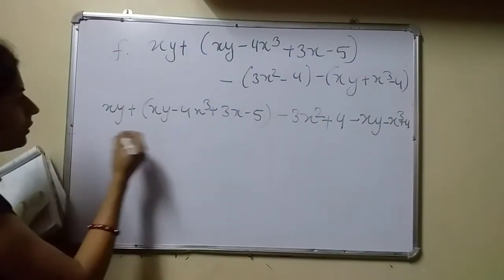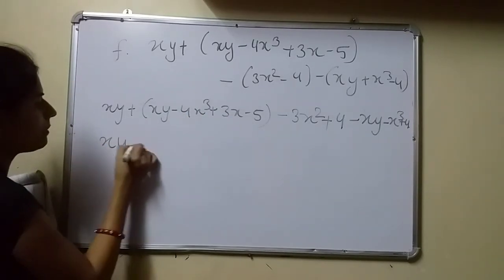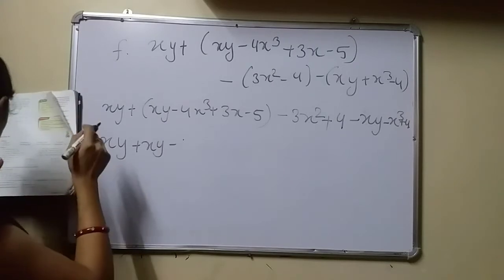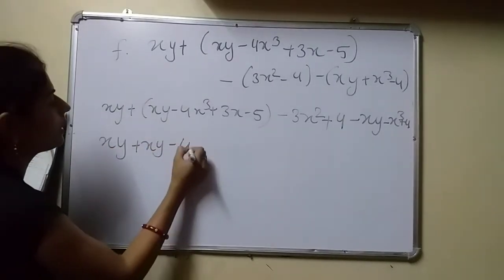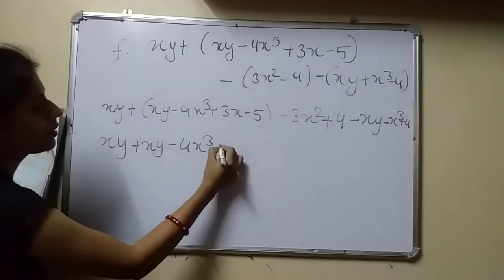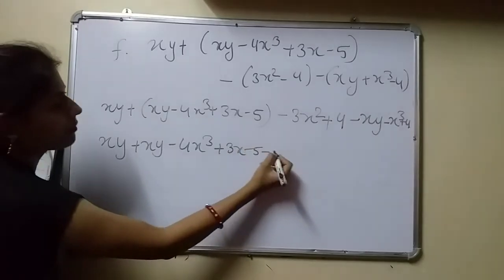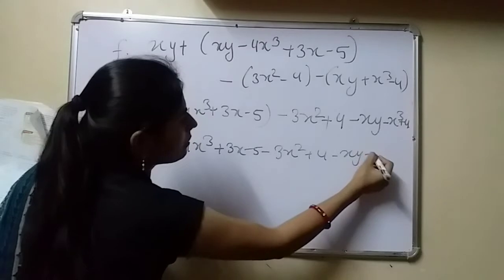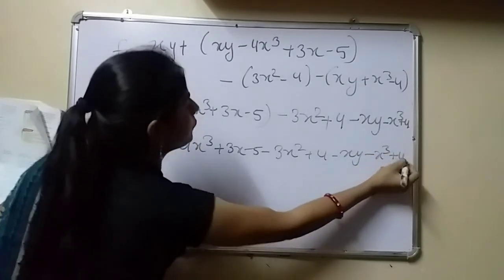Okay, now open this bracket also: xy plus xy minus 4x cube plus 3x minus 5 minus 3x square plus 4 minus xy minus x cube plus 4.